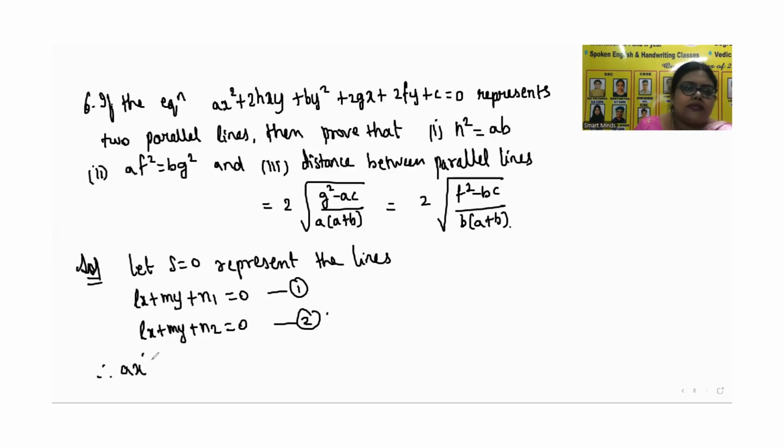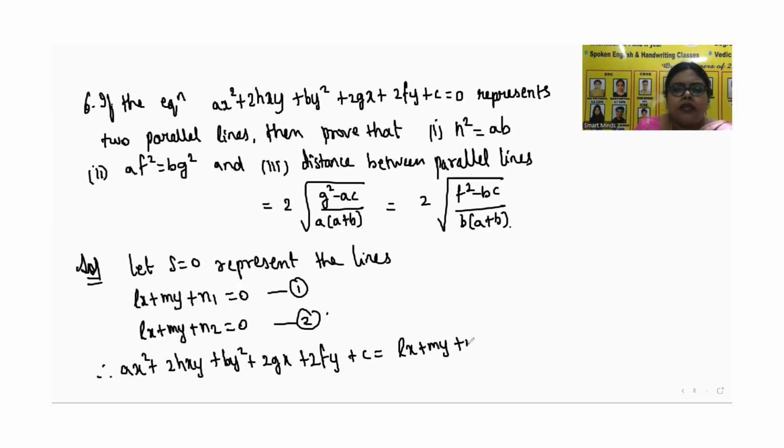Therefore, ax² plus 2hxy plus by² plus 2gx plus 2fy plus c is equal to (lx plus my plus n1) into (lx plus my plus n2). Now let us multiply them.